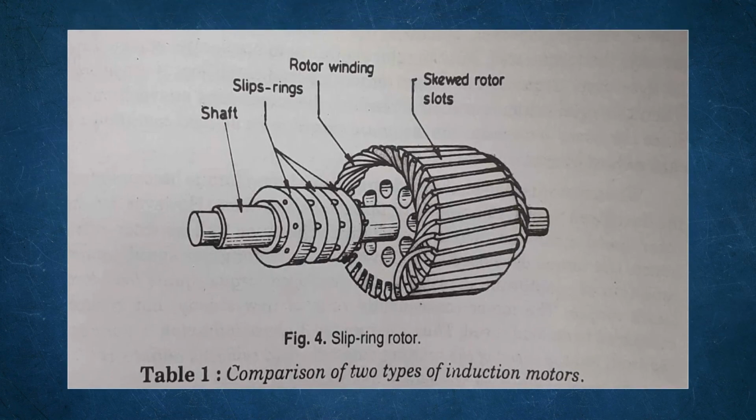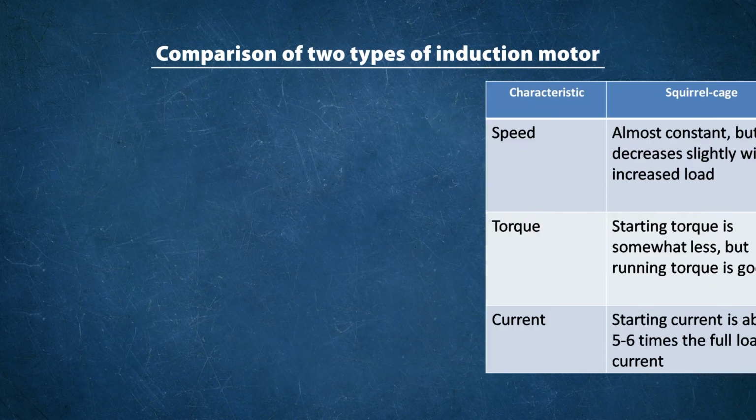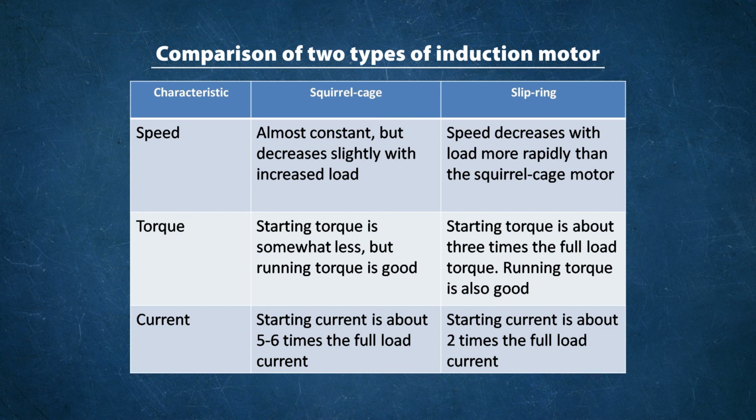Physically you can compare the two types of motor. One is the squirrel cage induction motor, the other is the phase wound motor. The top one is the squirrel cage and the bottom one is the slip ring induction motor. Comparison of two types of induction motors.